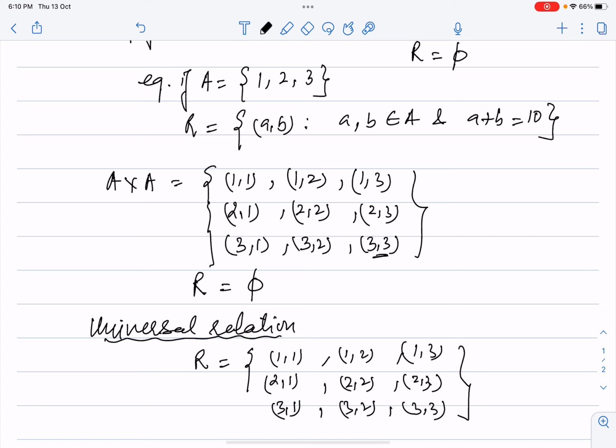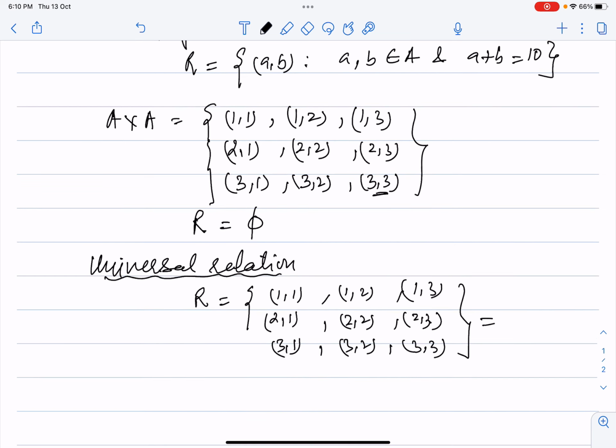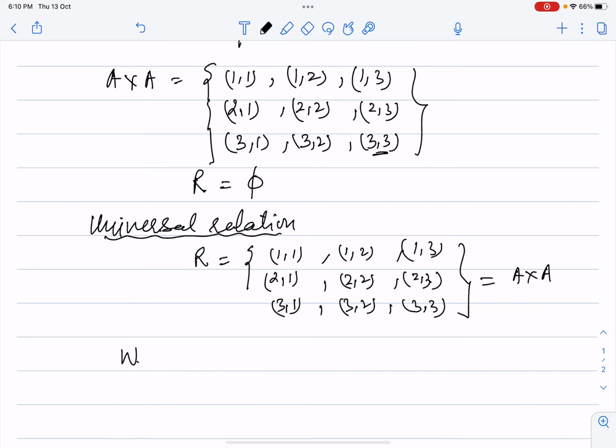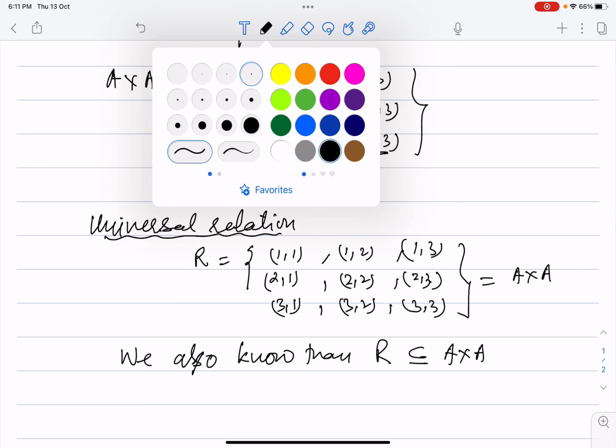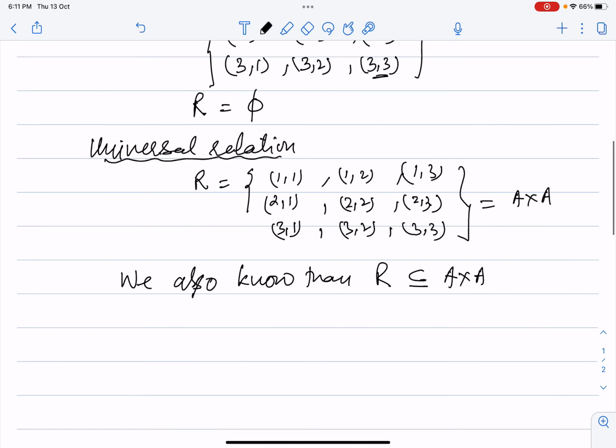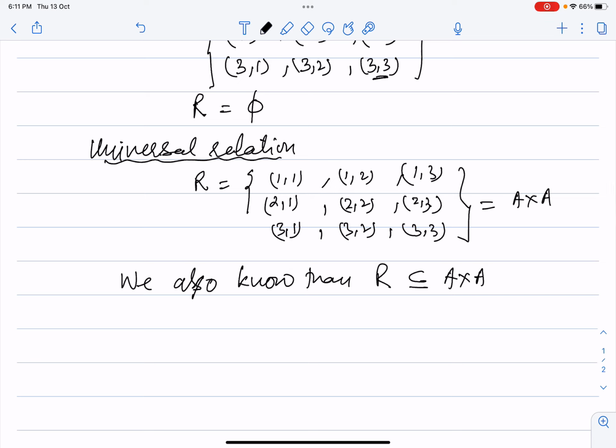That is, a universal relation is a relation in which R is equal to A cross A, right? And we also know that R is a subset of A cross A. That is, all relations are subsets of A cross A, that is the Cartesian product of A. So this was done earlier.